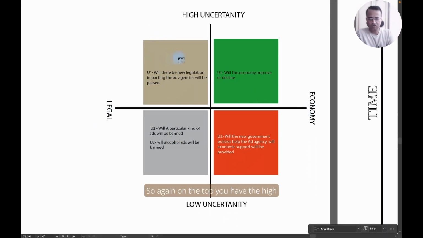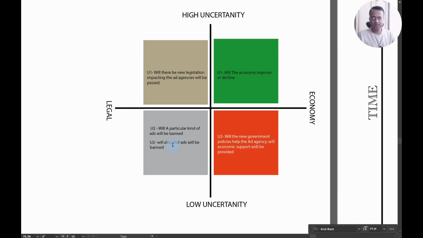Now, let's look into another example connected to the legal and then economy. Again, on the top you have the high uncertainty and at the bottom low uncertainty. So when we talk about the legal, will a new legislation impacting the advertisement agency be passed, and will a particular kind of ads be banned by the government, or will there be legality connected to that ad, or will alcohol ads be banned?